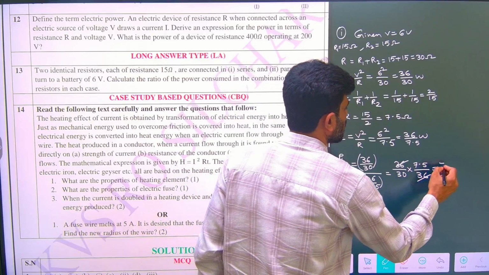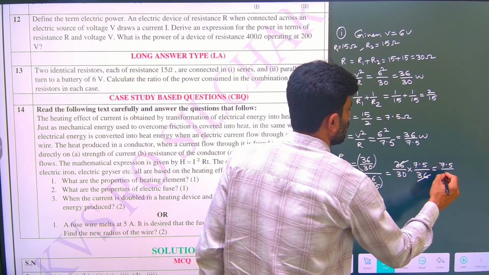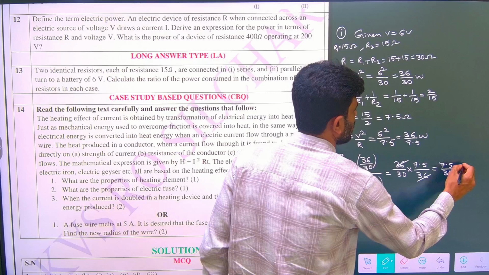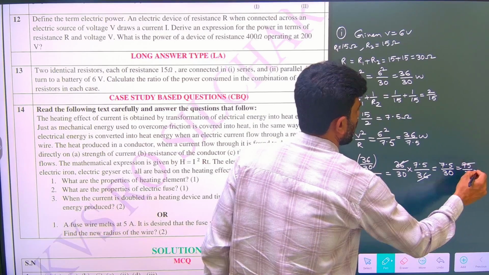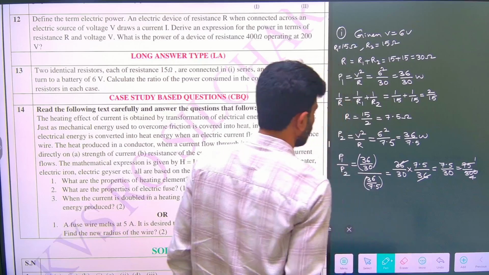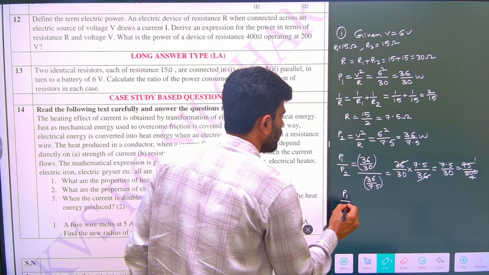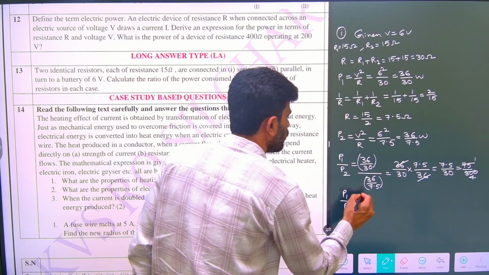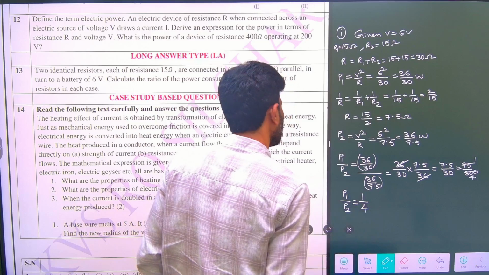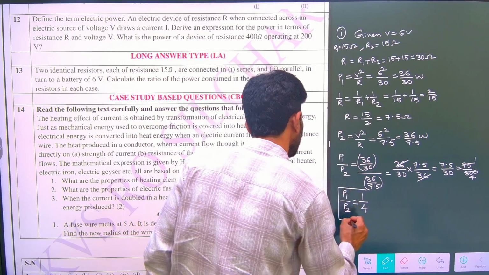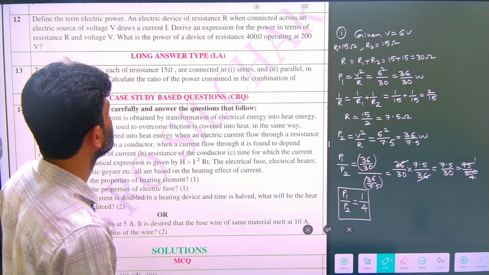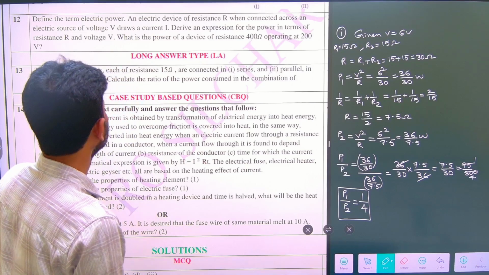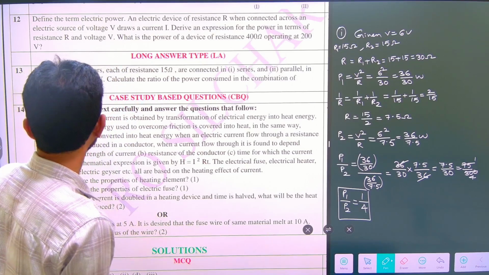So finally it will be 7.5 by 30, 75 by 300, 4 times exactly. So P1 by P2 is equal to 1 by 4. This is the ratio of powers consumed, powers dissipated in the combination in each case.